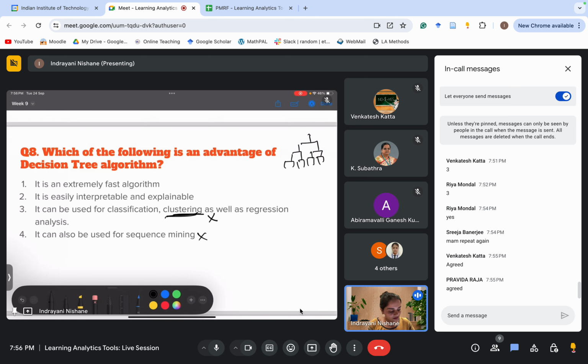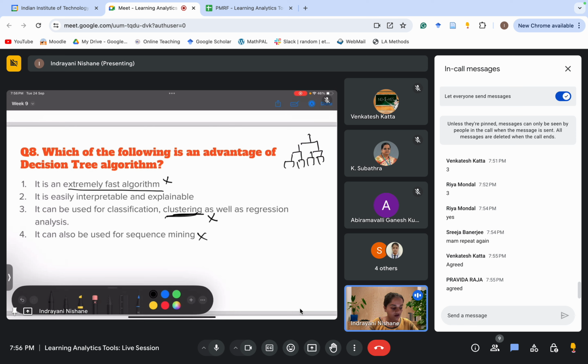Statement 1 says extremely fast. Will this be true for a decision tree algorithm? We have seen that a decision tree is a greedy algorithm. It will look at every data point and every feature of every data point, and it will try to create a condition for every feature and every data point. So this cannot be fast.